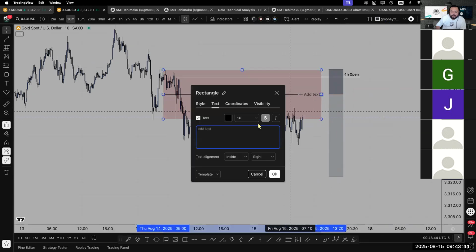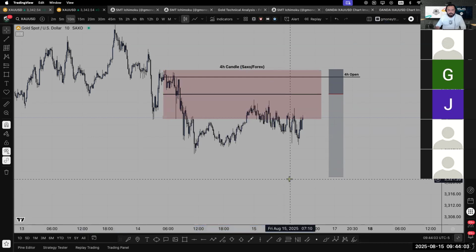This is the 4 hour candle. Saxo and FXCM, right? Top center.